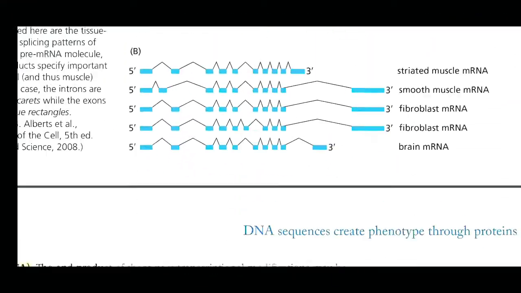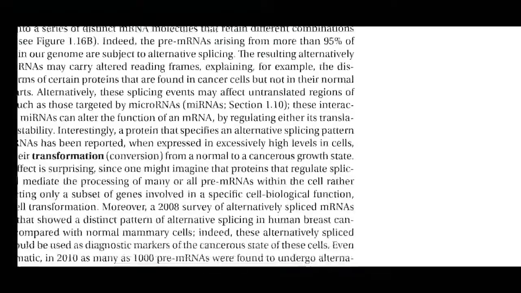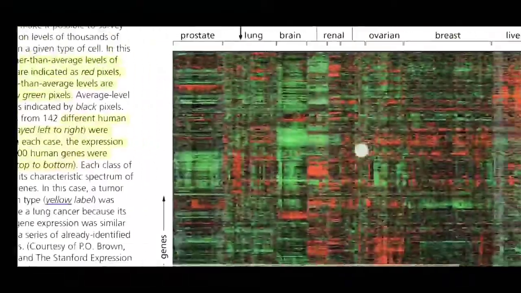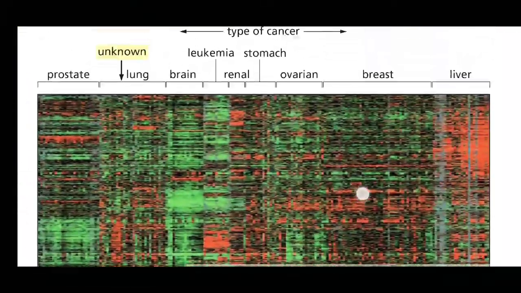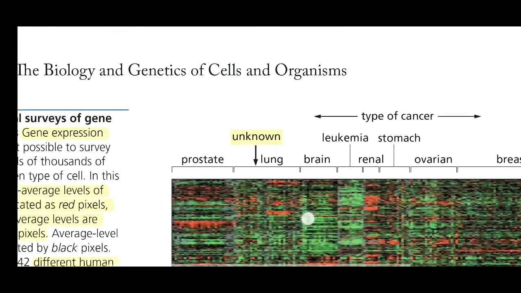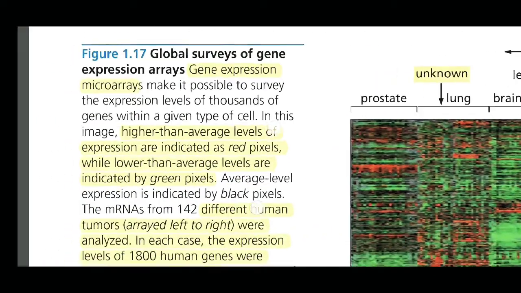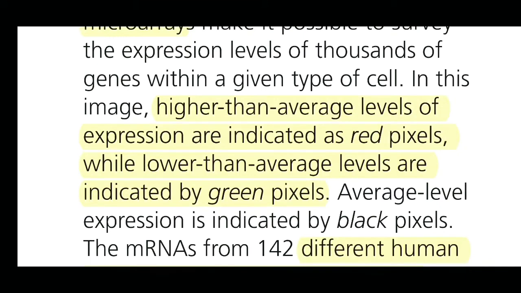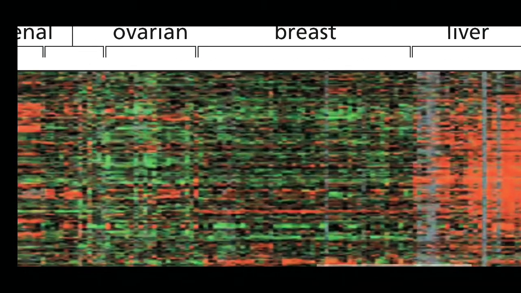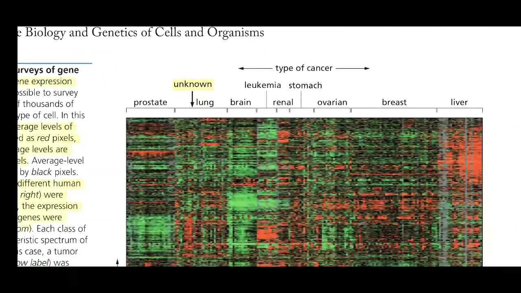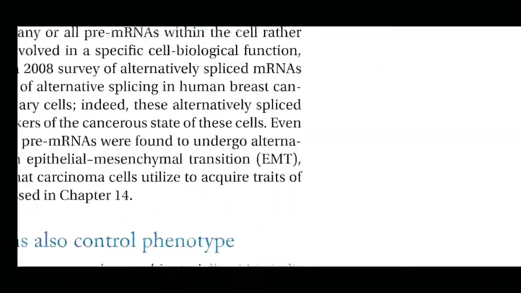RNA polymerase gives rise to the formation of different proteins. Here the red and green colors are shown as different types of cancer, and you can see that higher than average expression is indicated by the red pixels. The red color is where proteins are expressed much higher.